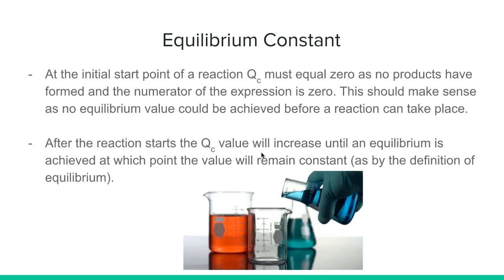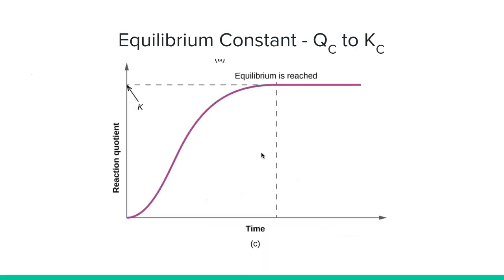After the reaction starts and these chemicals start reacting with one another, the Q sub C value is going to increase, because naturally as the reactants react, you're going to start forming some products. We're going to see Q sub C start to climb, and it will increase until we arrive at equilibrium. When equilibrium is achieved, it's at that point that the value will remain constant. And that's by the very definition of equilibrium that we had on that first page.